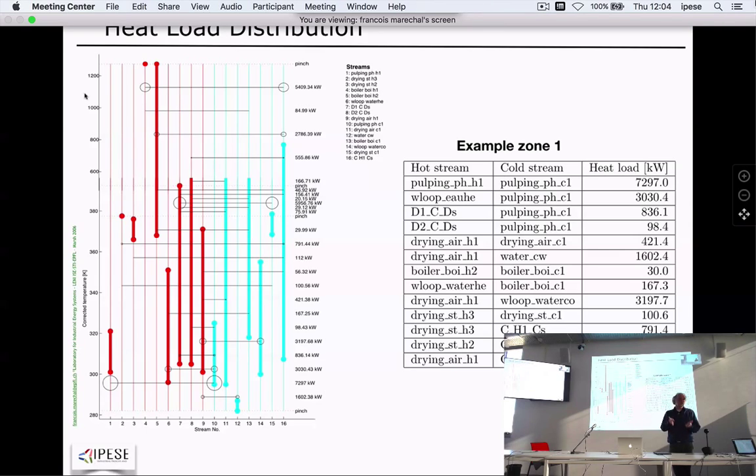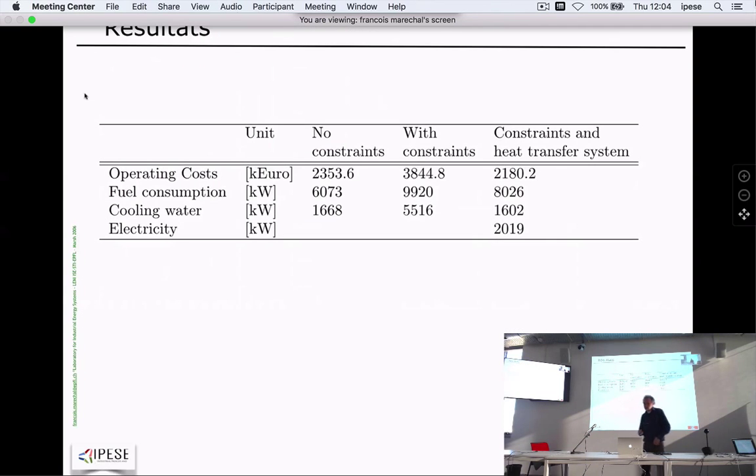So it means that you can do the heat load distribution, you can do the heat exchanger network design by having reduced the number of possibilities in the system, because you know that they are set to 0. Okay, and this allows you to have solutions like this one, where we know what is the heat that is exchanged between the different subsystems.